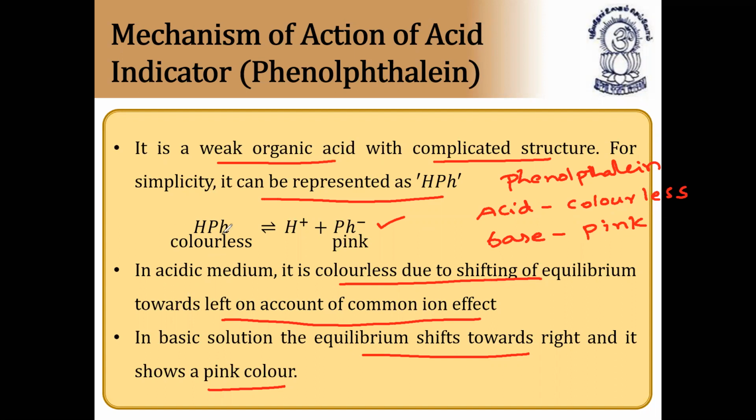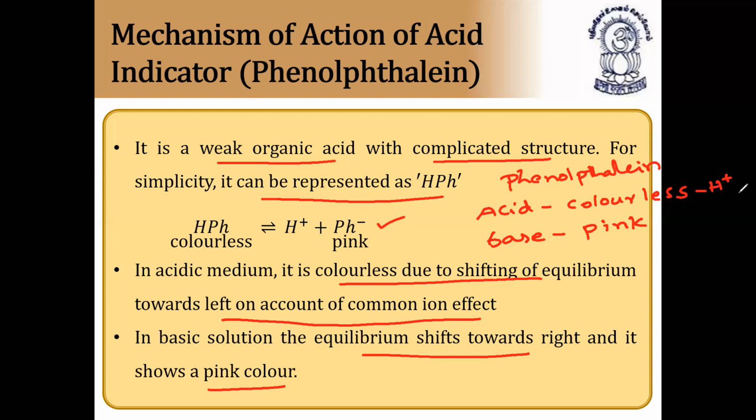What happens here, I'll just tell you. Generally, phenolphthalein is colorless. When you keep this phenolphthalein in acidic solution, what happens? Phenolphthalein changes to H plus and Ph minus ions. Ph minus ions become pink color. When phenolphthalein is dissolved in acid, it gives more H plus ions because from acid we get H plus ions.